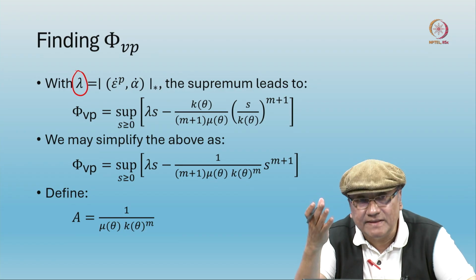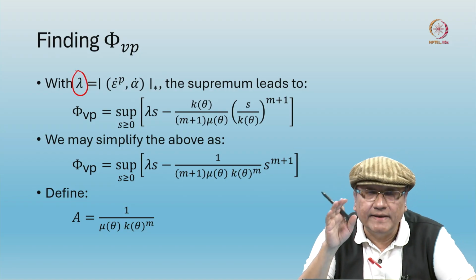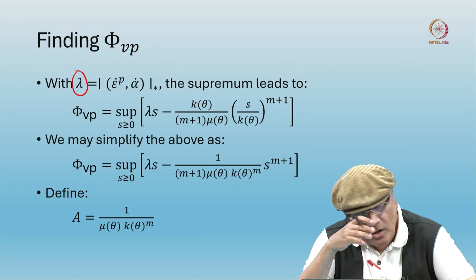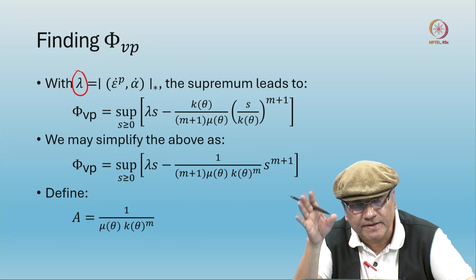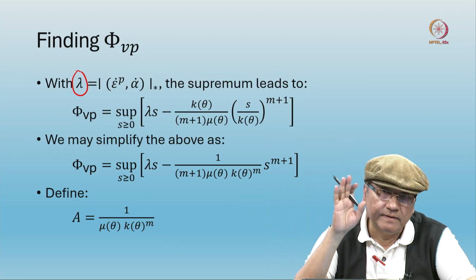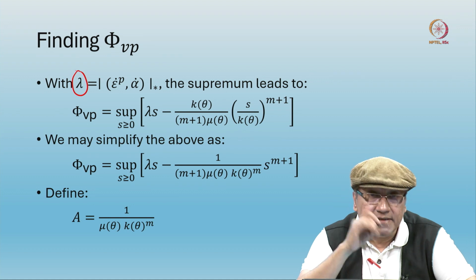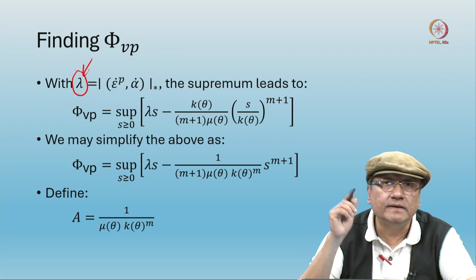It is exactly that. So phi, the dissipation potential in viscoplasticity or thermo-viscoplasticity, has two parts: one is the rate independent part, the other is the rate dependent part. Of course, there will also now be a thermal part, that is different. The rate independent part is clearly given by this lambda, all right.